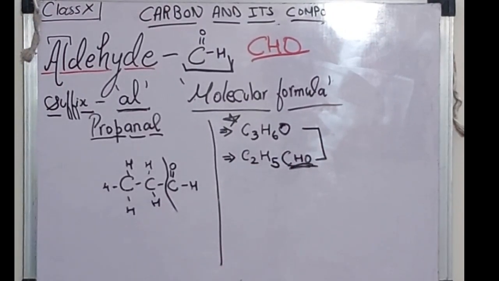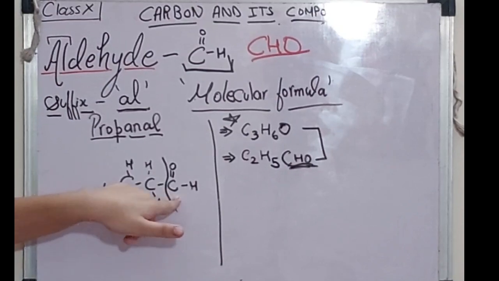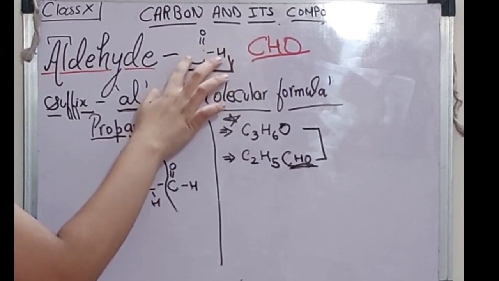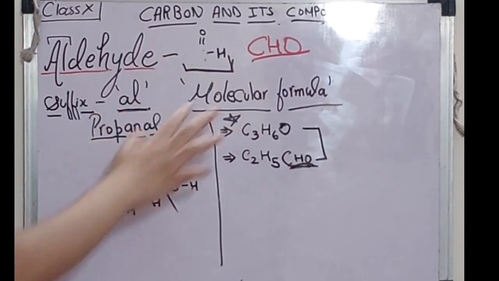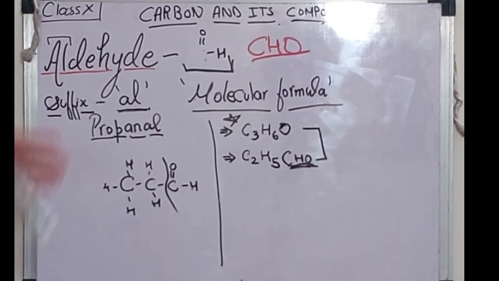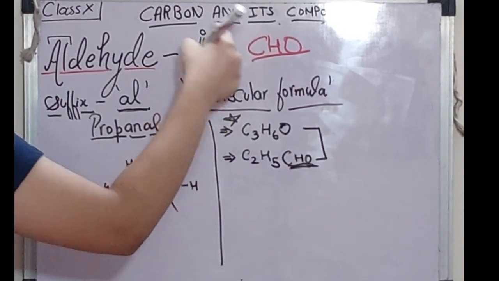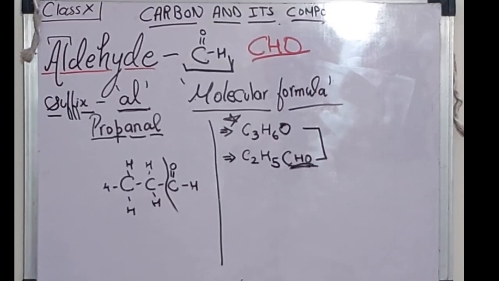Whenever you are drawing propanal or methanal, you have to include the carbon of the functional group as well. That's why in the starting I didn't consider this as carbon, I just used to write it and remember it like this. But actually this becomes more confusing. So write it down like this only, and with practice it will become clearer to you.